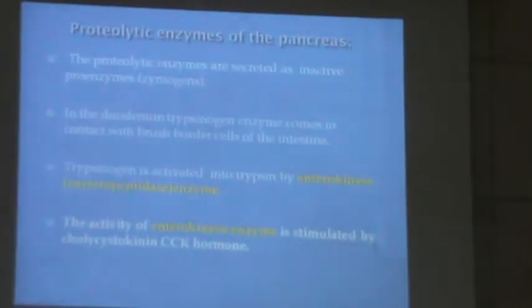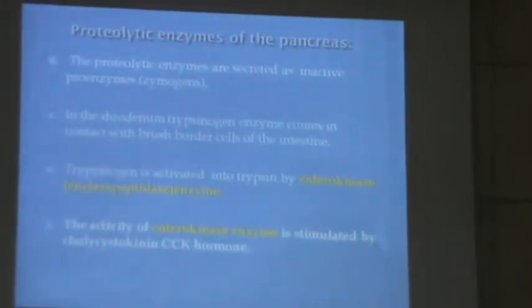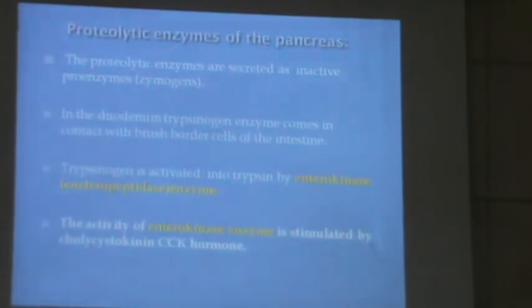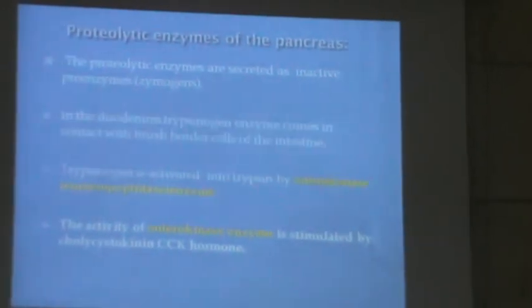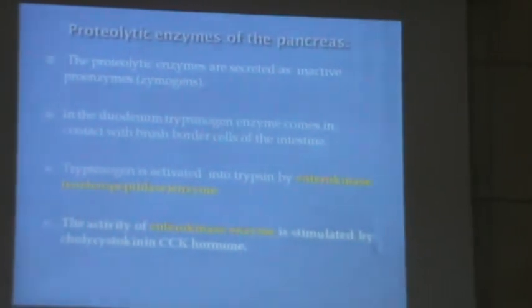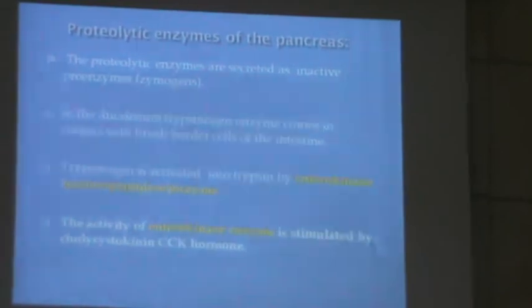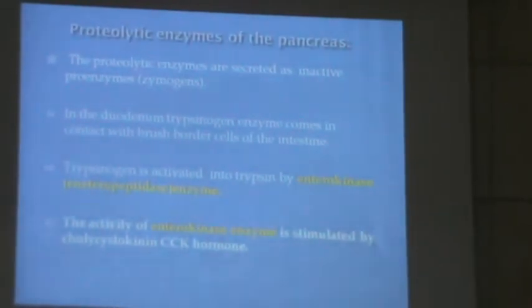The brush border of the intestinal cells contains a very important enzyme that functions in activation of the proteolytic enzymes of the pancreas. This enzyme is known as enteropeptidase or enterokinase.